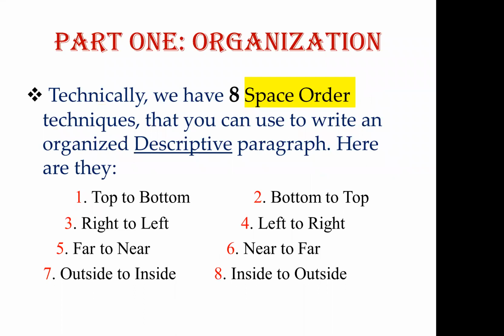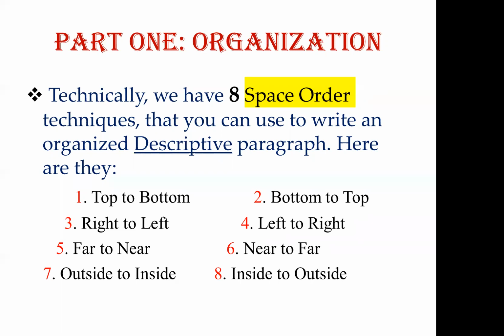Technically, we have 8 space order techniques that you can use to write and organize a descriptive paragraph. Here they are. First, from top to bottom or from bottom to top. You can describe from right to left or from left to right, from far to near or from near to far, or from outside to inside.